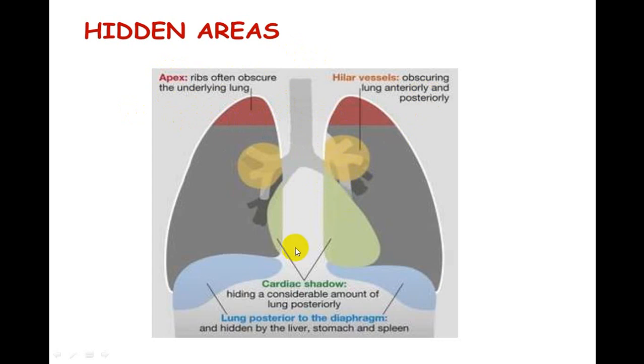In the same way the cardiac shadow can be hidden by lung pathology. The diaphragm can be hidden by some portion of the lung, the posterior portion behind the diaphragm, and it also hides the liver, stomach and spleen. So these are some of the structures which can be very difficult to identify in an X-ray chest, either a PA view or an AP view.